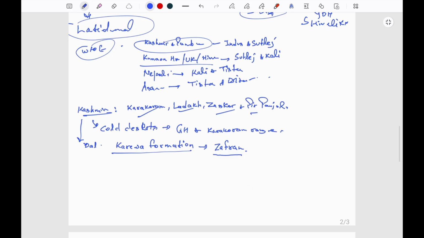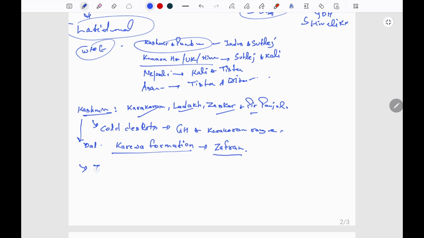It also features various mountain passes like Zojila, Banihal, Fotula, and Khardungla, and one important feature is the lakes that are present there, such as Dal Lake and Wular Lake, which are freshwater lakes, and Pangong Tso and Tso Moriri, which are the saltwater lakes present in this region.